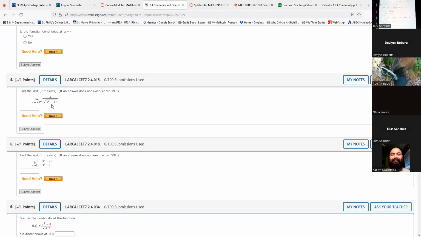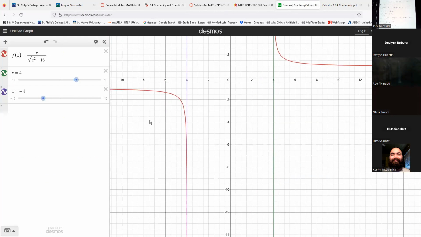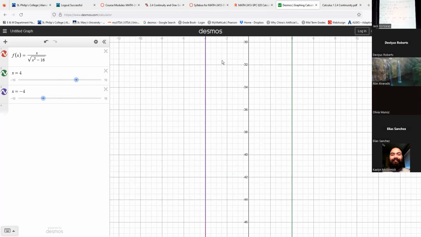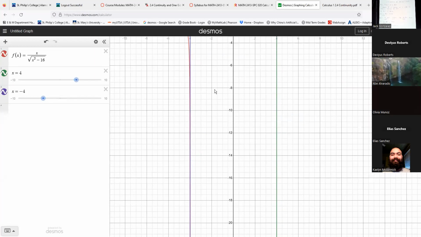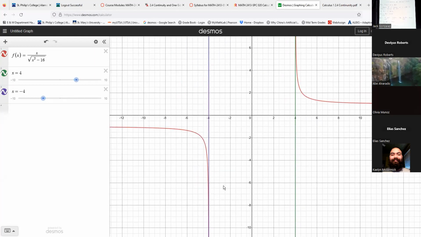Okay. What was the question again? What's happening at -4 from the left, the negative side? What's it doing as we approach from the left? I think it's going to infinity. Yeah, it looks like negative infinity, right?